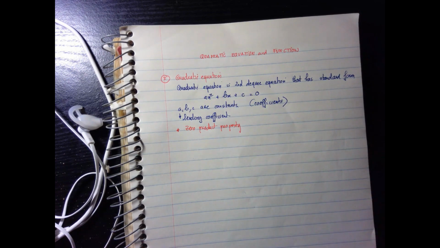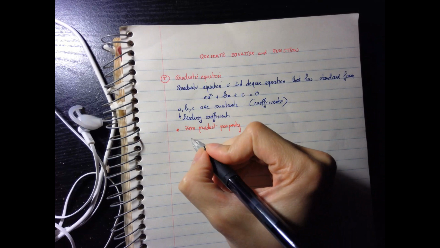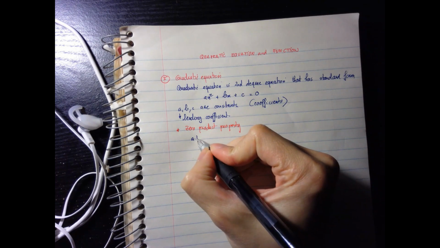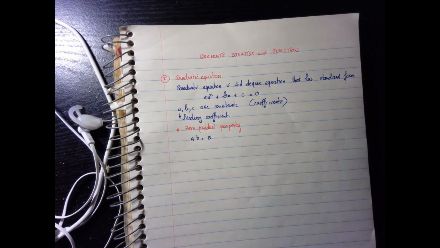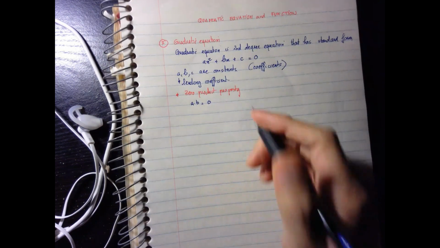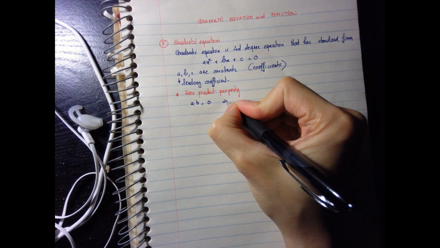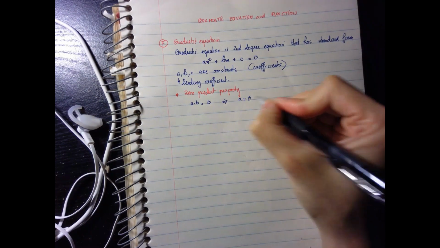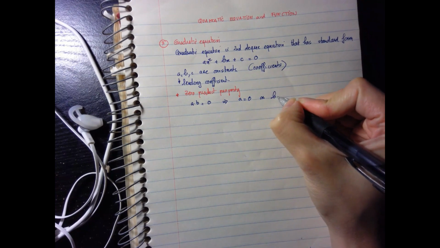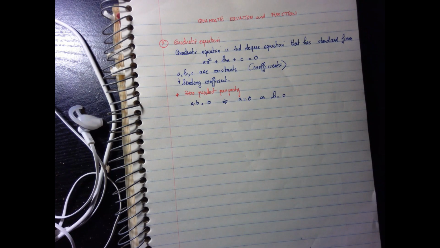The property states that if the product of A and B equals 0, then we can imply A equals 0 or B equals 0.